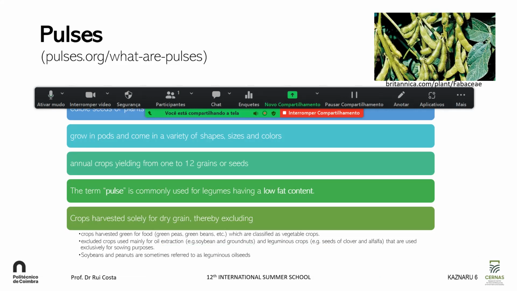Crops used for oil extraction, like soybean or peanuts, and also leguminous crops like seeds of clover and alfalfa. Soybeans and peanuts are sometimes referred to as leguminous oil seeds, and so they are not pulses. So pulses are all the legumes that do not have a high fat content.